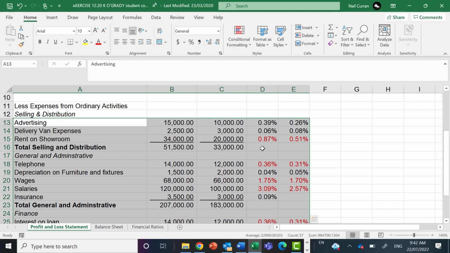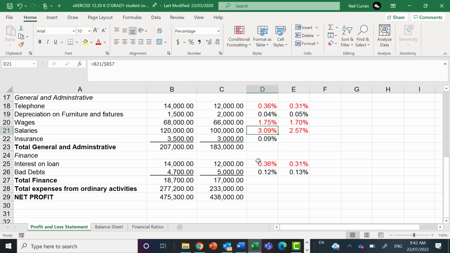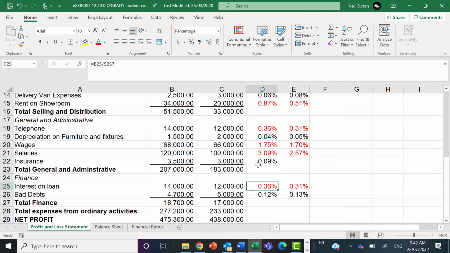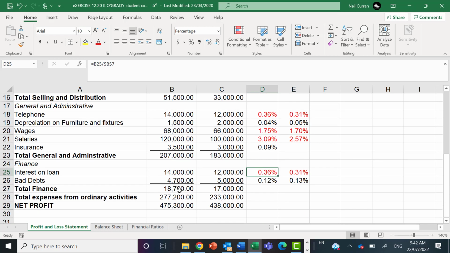So for example, as we saw using our horizontal analysis, the rent, your telephone, your wages, your salaries, and also to some degree your interest on your loan. They are the big expenses that are causing our net profit to be lower than what it should be.